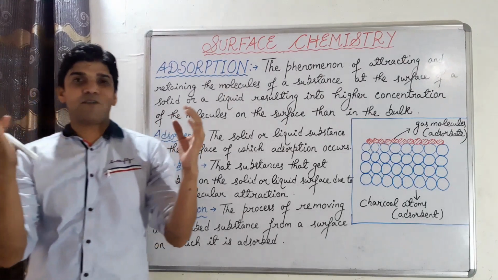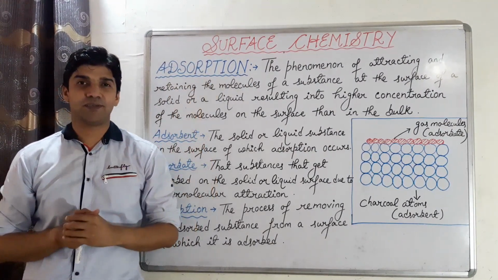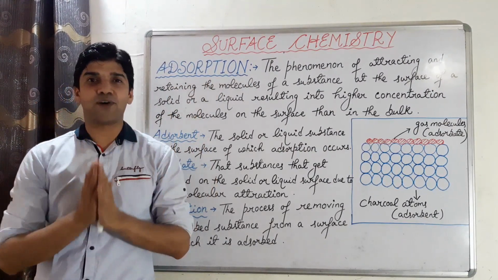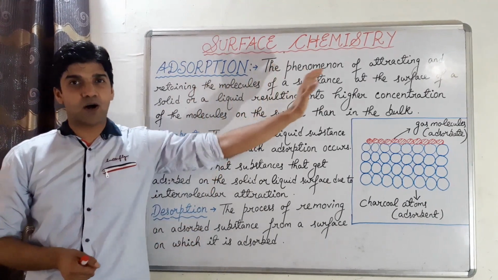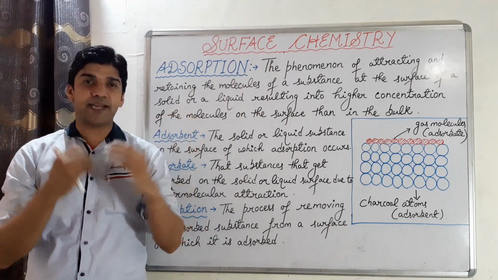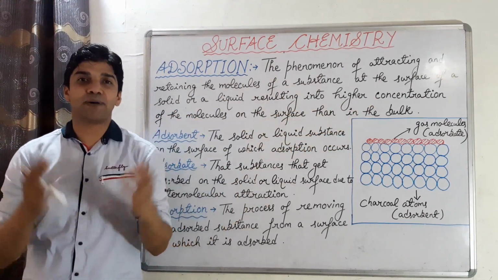So let's start with the first topic of the chapter, that is adsorption. So how will you define what is adsorption? Adsorption is the phenomenon of attracting and retaining. Attract कर रहे हैं और retain कर रहे हैं. Retain मतलब बनाए रखना.